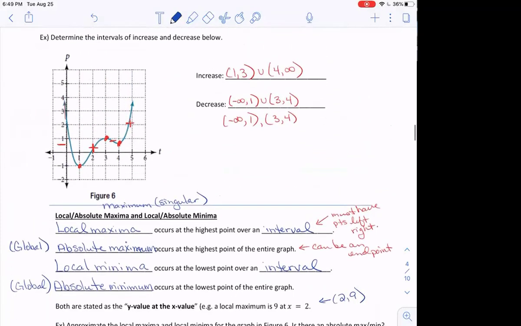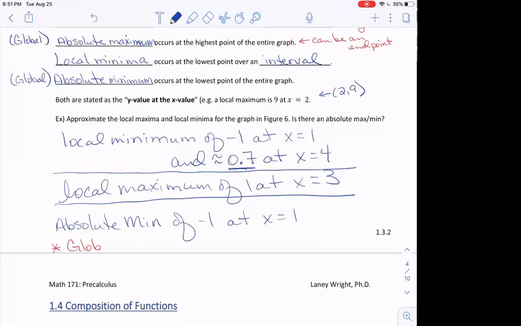Now, do we have any global or absolute or extreme maximums? There's not one, and you're right, because we can't count infinity. It's not an actual point. Is there a lowest point on here? We did have an absolute min occur at x equals 1. It was the lowest point, which was -1 for the y.